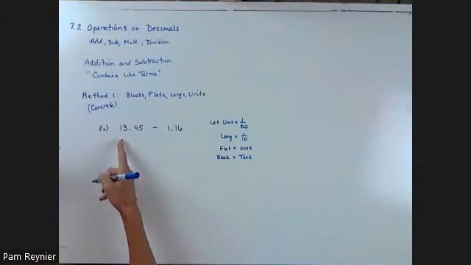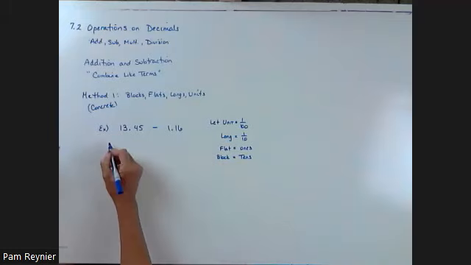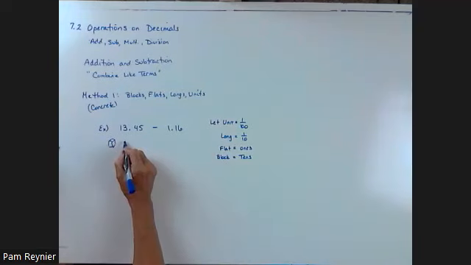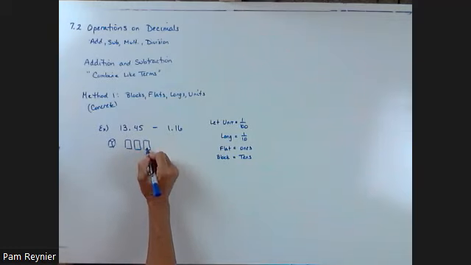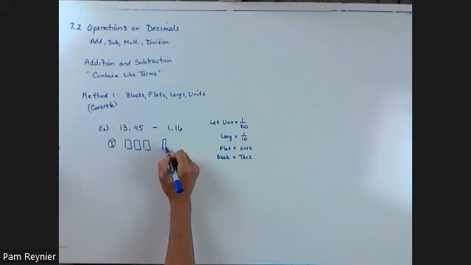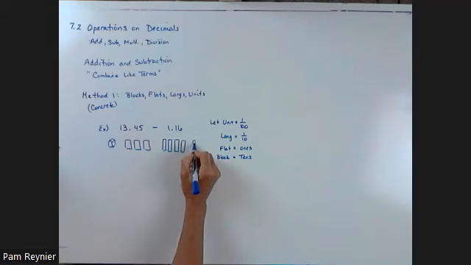So 1345 gives me 1 block. And 3 flats. Four longs. And 5 units.